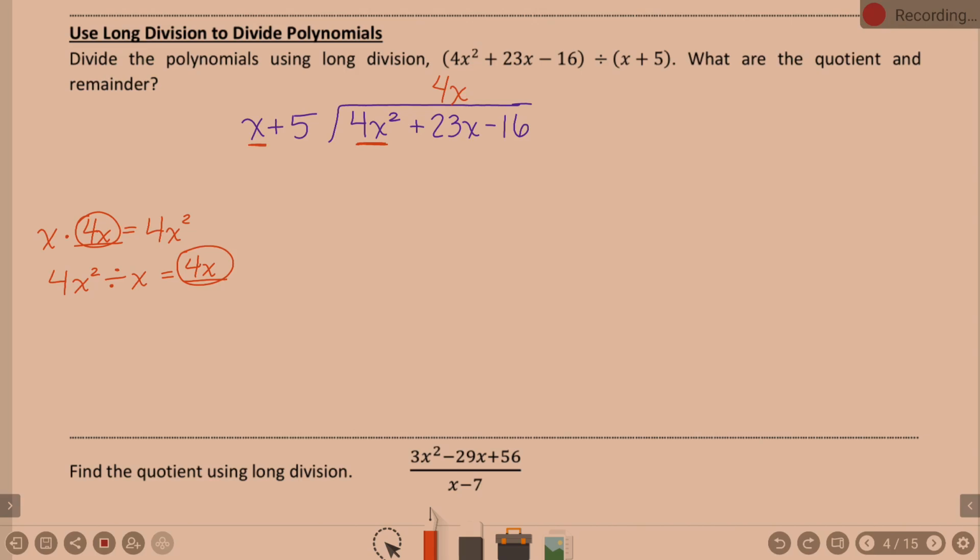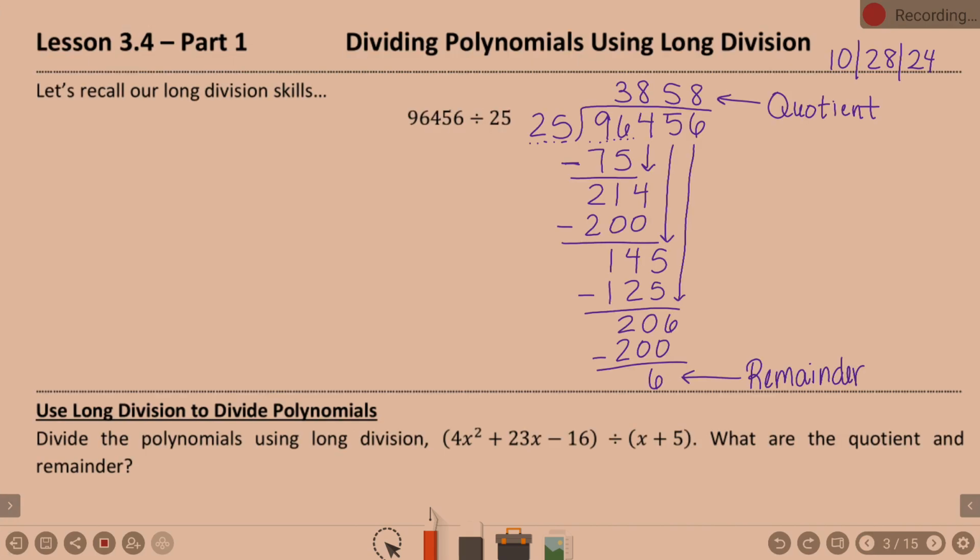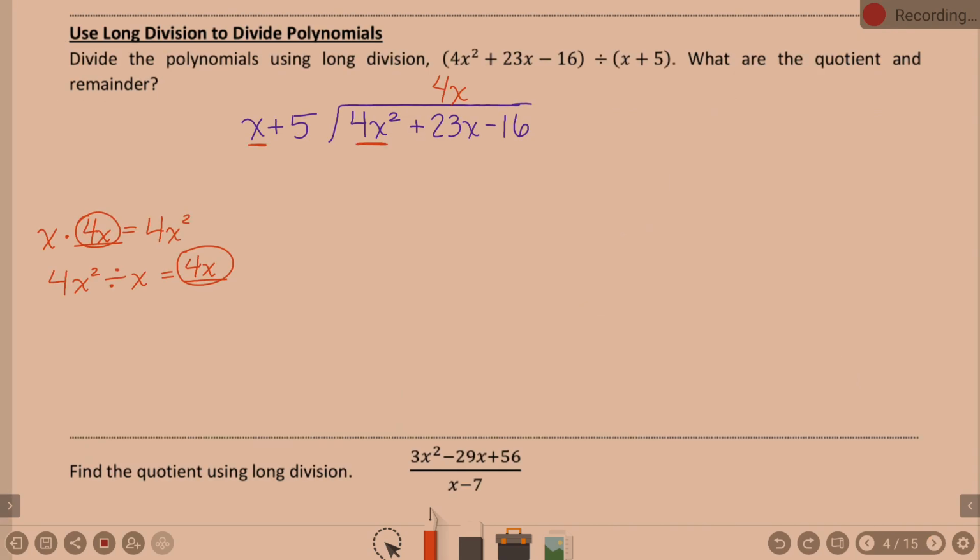Now, what do we do with this 4x? What did I do with the 3 here? Once we put the 3 up here, we had to multiply, yes? Okay, same process. We're going to take 4x, and what are we going to multiply it by? X plus 5. So really it's like a distributive property, right?